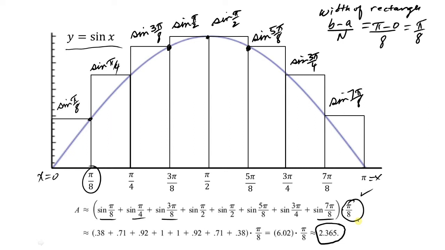Now, within the next week, we're going to show how to calculate exactly the area using calculus. We won't be using rectangles anymore, and we will see that the true area will be exactly 2.0. So you can see we have an overestimate of the area of 0.365.